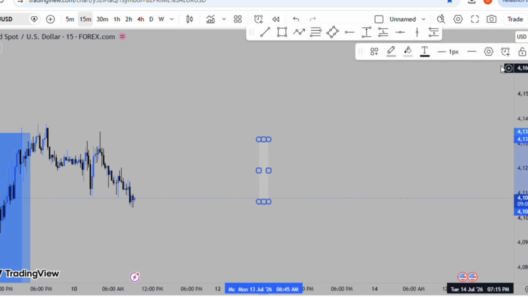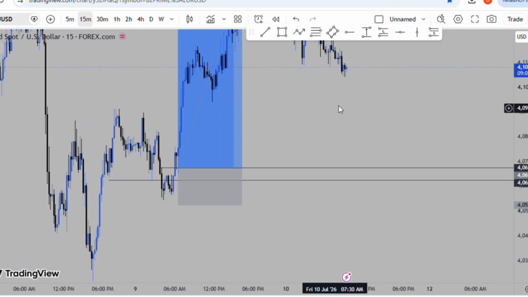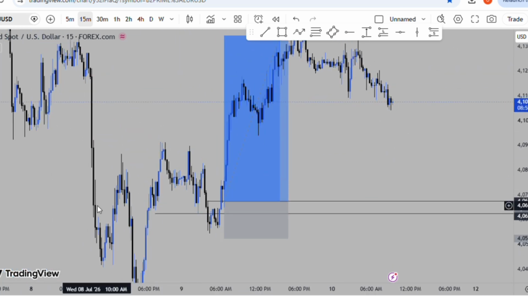Do you understand? So now, how was I able to catch this particular clean setup? There are only three rules here. First of all, we are using our 4-hour time frame for our consolidation confirmation, where we are going to mark the high and low of a particular 4-hour candlestick.